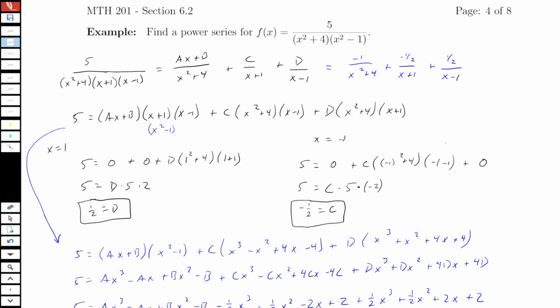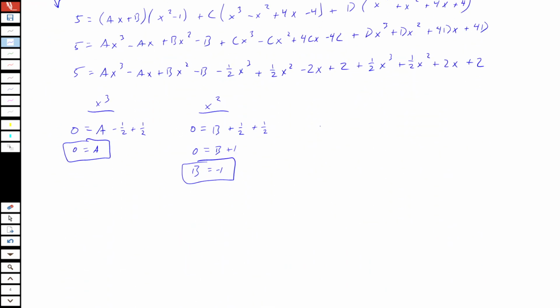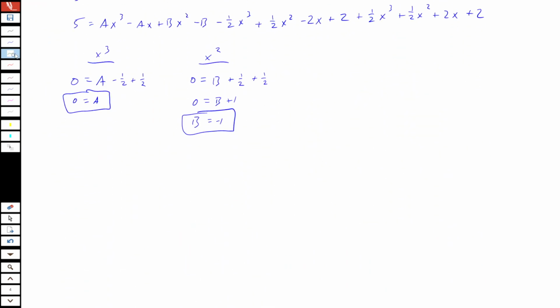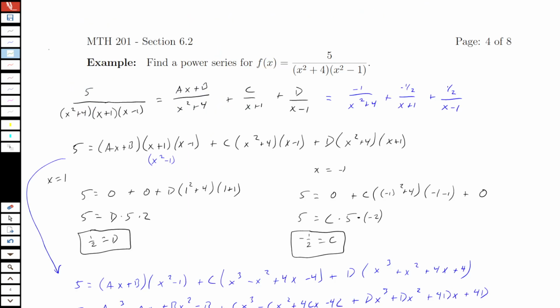Okay. All right, good. Now, for setting these up for series, instead of starting with the x's, I want to start with the constants. Okay. So let's do these one at a time. We'll start with the negative 1 over x squared plus 4.